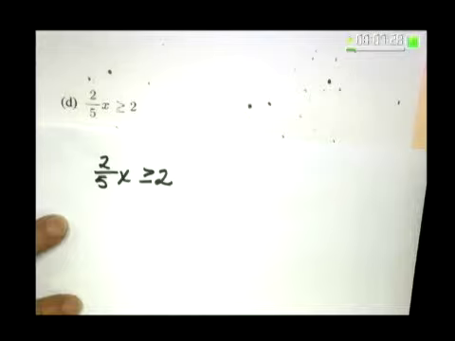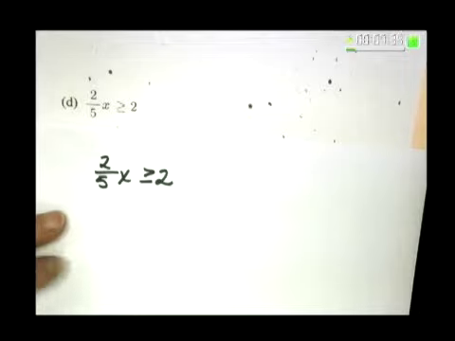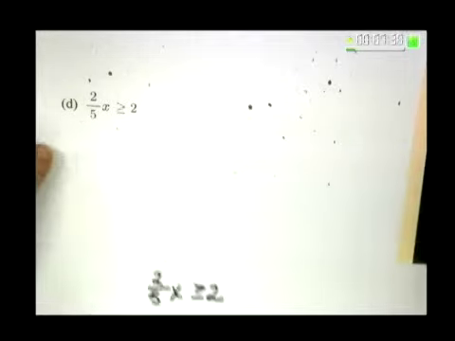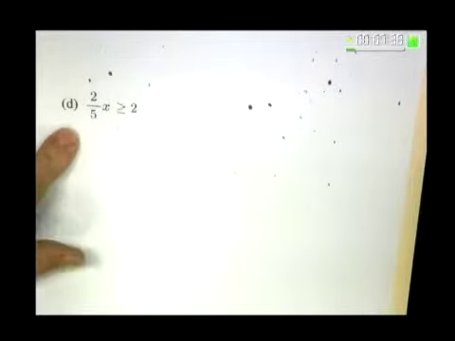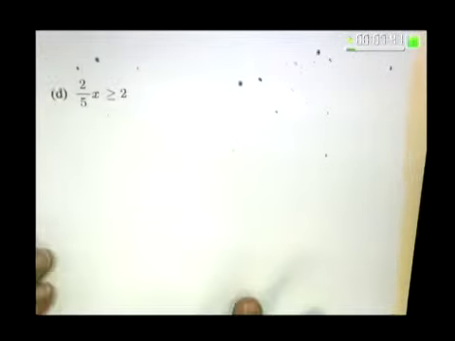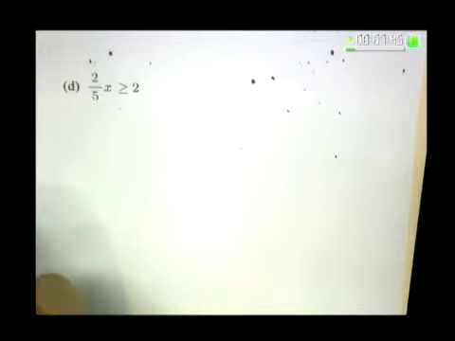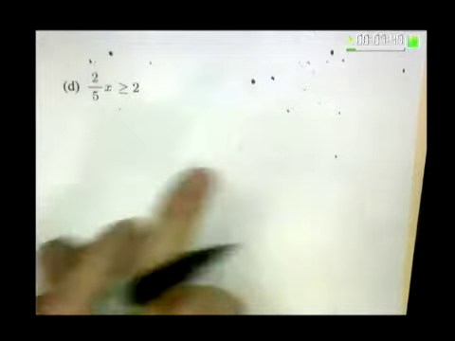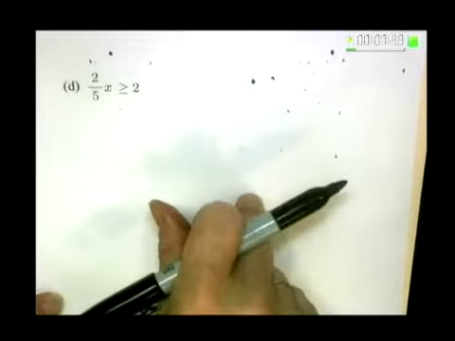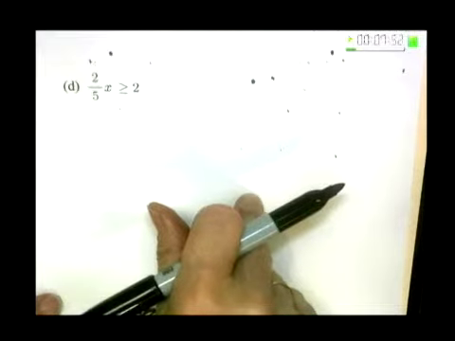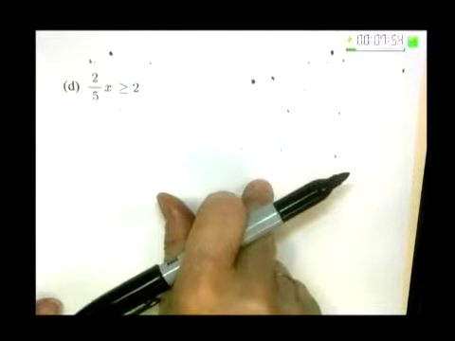I can do this problem in 2 steps, or I can do it in 1 step. Generally, when you have problems, the more steps you do, the fewer mistakes you make. And this is a problem that has fractions in it. When I have fractions, the easiest thing to do is to find your common denominator and multiply both sides of your inequality by your common denominator. In this case, it's 5.